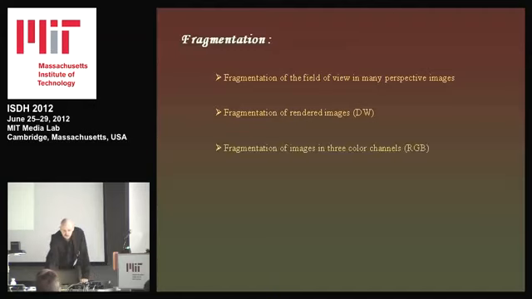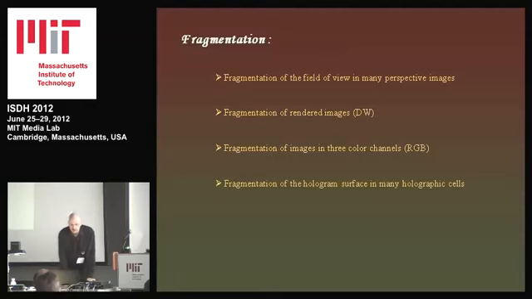You also have a fragmentation of the image in 3 channels, red, green, and blue. You have a fragmentation of the hologram itself by making thousands of little holographic cells, or holopixels, or holographic pixels, or hogels, whatever you want to call them. I call them cells.